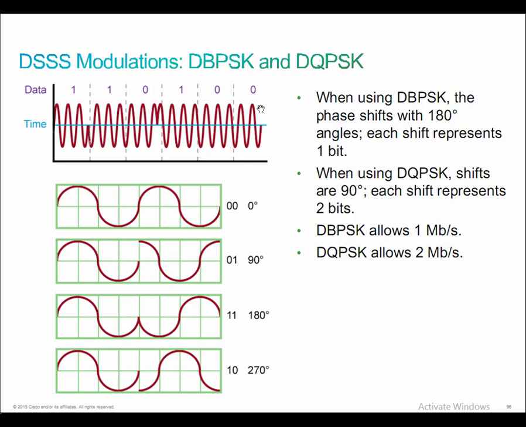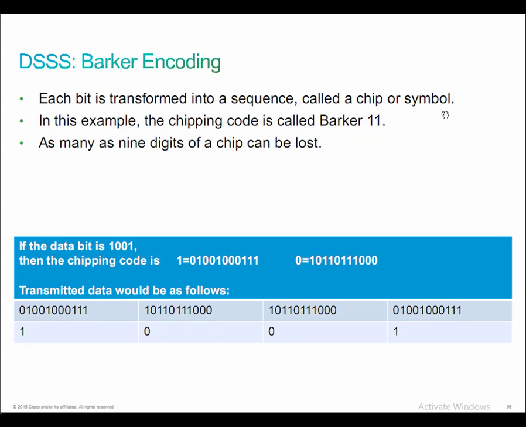Because the signal is spread over 22 megahertz and it contains 11 symbols that represent only one digit, I can lose up to 9 bits or 9 digits while going through interference of as much as 18 megahertz and still read that intended signal.